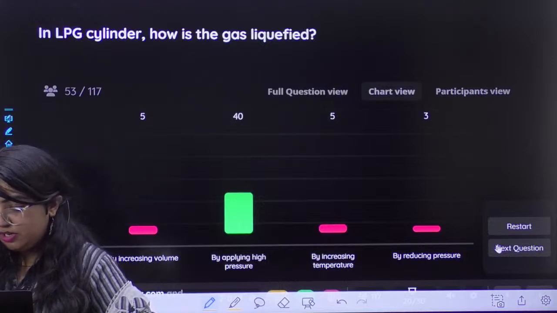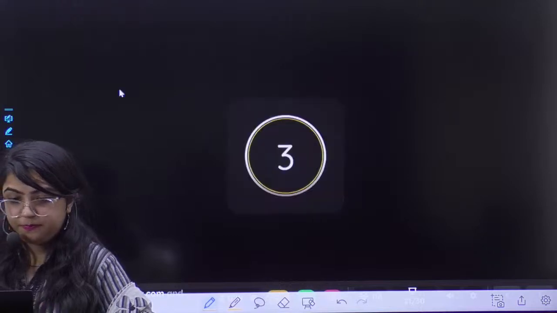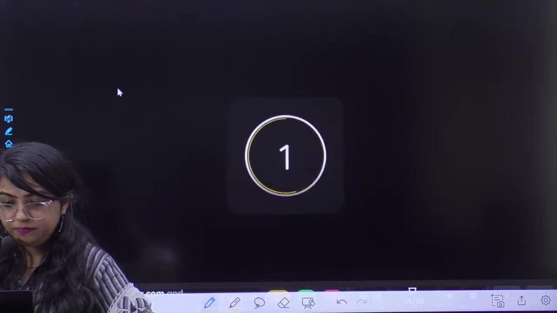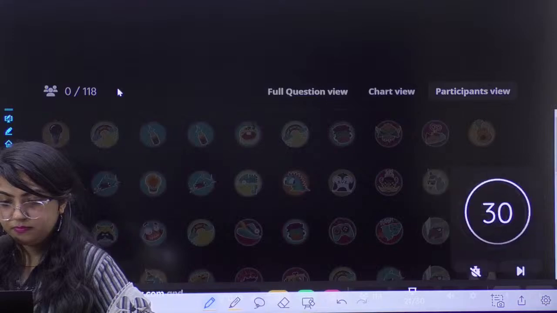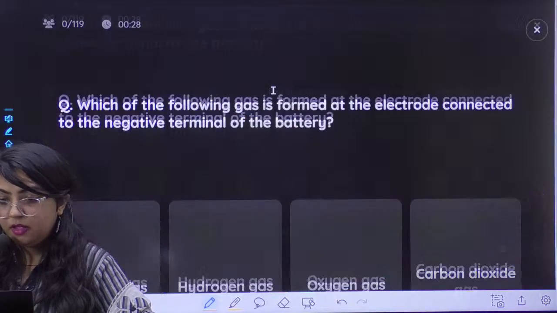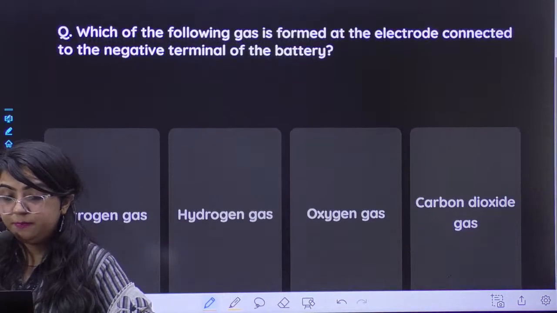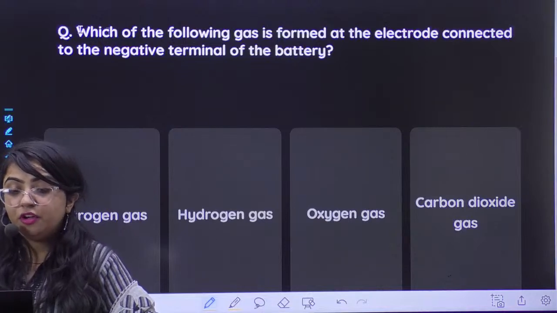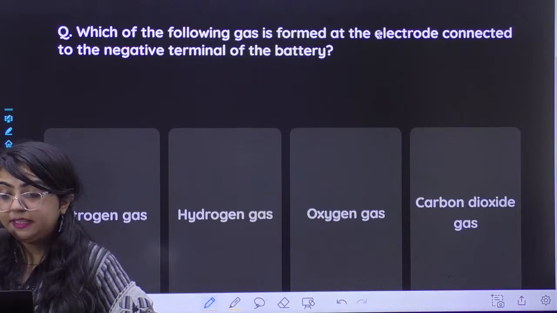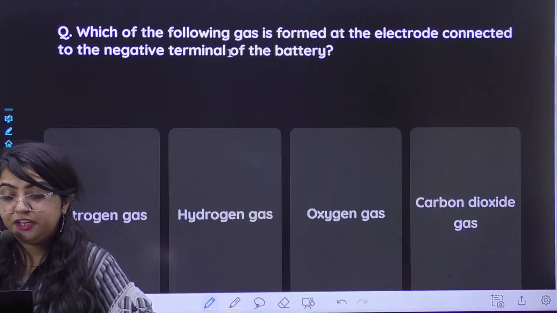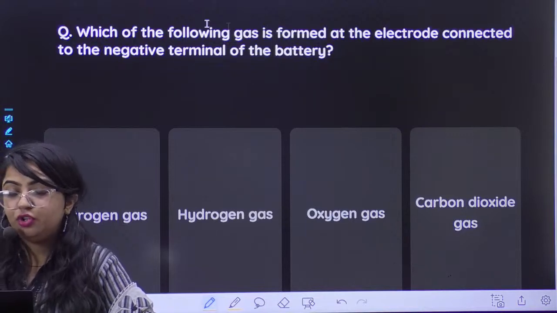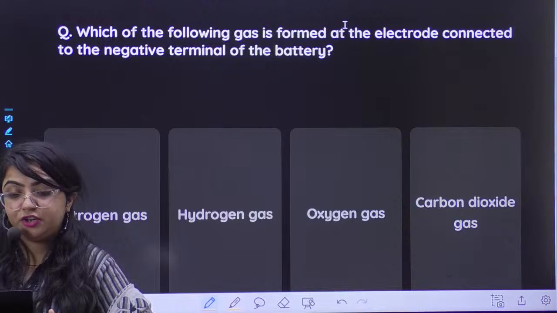Okay, so the next question is, please read the question carefully. Which of the following gas is formed at the electrode connected to the negative terminal of the battery? So during electrolysis we have two electrodes.